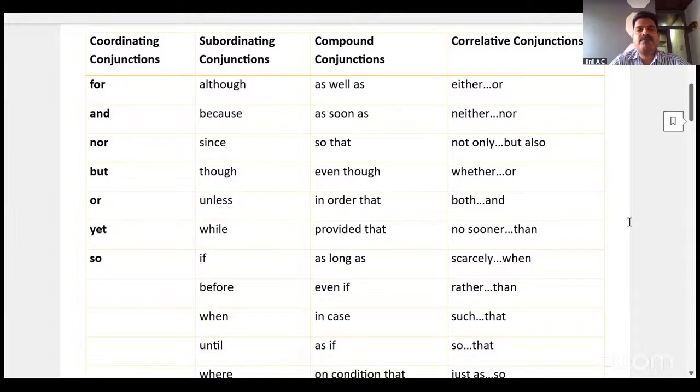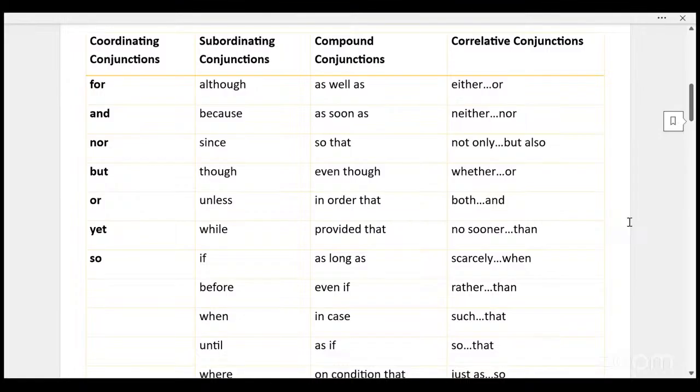Fanboys. F from for, A from and, N from nor, B from but, O from or, Y from yet, S from so. If you connect all these letters, you will get a new word, an acronym, that is fanboys. Okay. So with that fanboys, you can remember them.